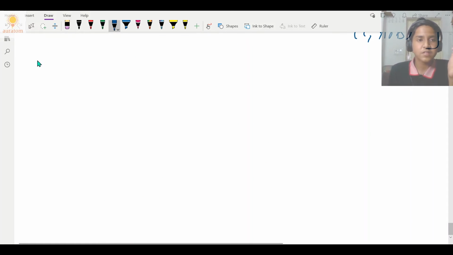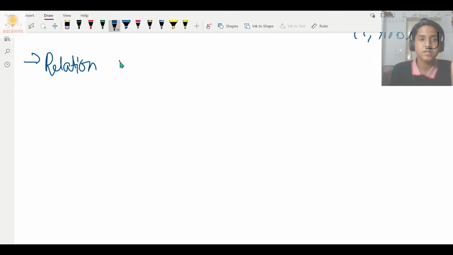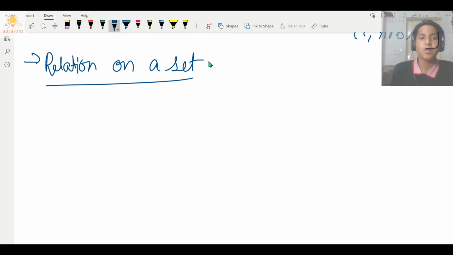It is a kind of similar concept, which is relation on a set. Now what we do here is, let me take a set A, and we relate it to A itself.